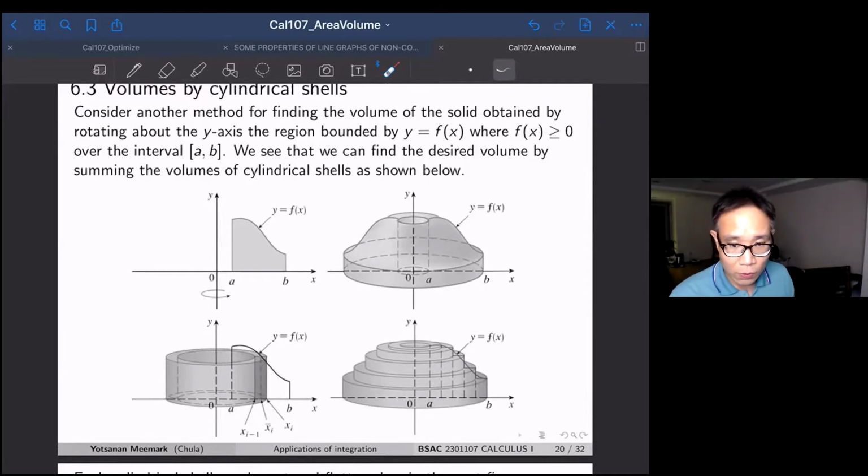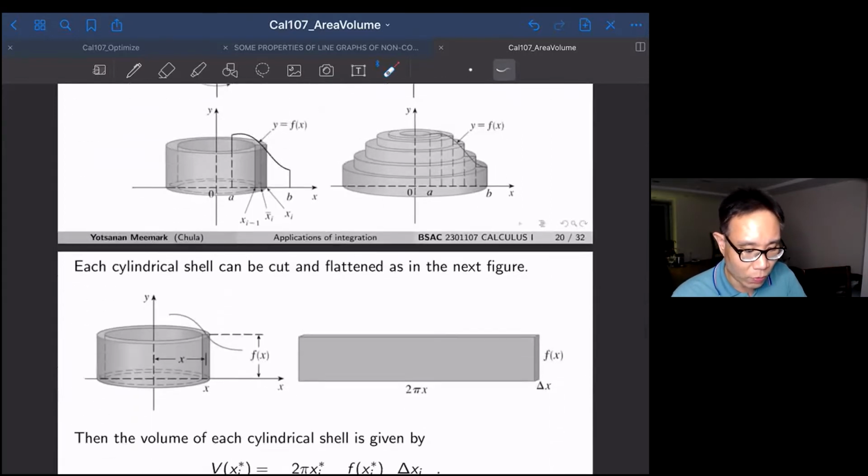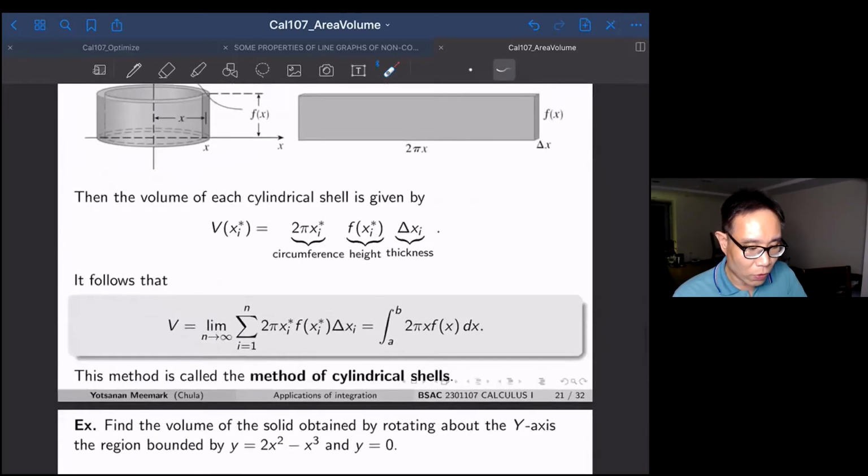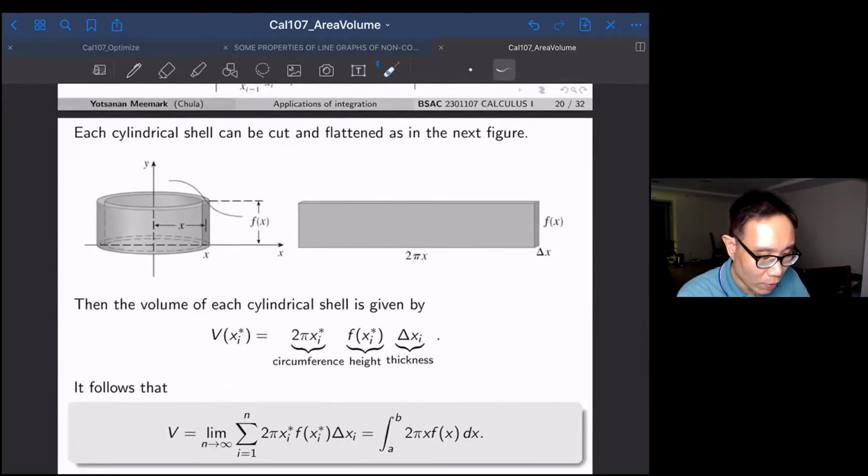In the picture here, you're going to have the inside shell, the outside shell, like this, and you're going to integrate. Integrate is the sum, right? So you're going to sum, or integrate, from a to b of the shell. So you're going to compute the volume of each shell.